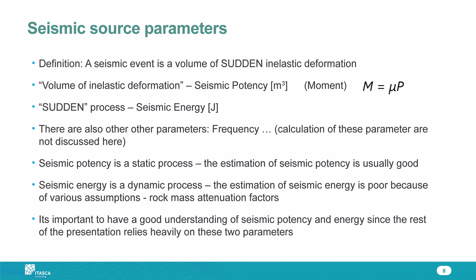And secondly, if we want to model seismic energy in our numerical models, we theoretically should remove all damping from the system. If we really want to properly model the seismic energy of a process of failure in our models, we need to turn off damping in our FLAC3D models, and we need to allow for the pressure and the shear wave to propagate to accurately, or more accurately, estimate the seismic energy.